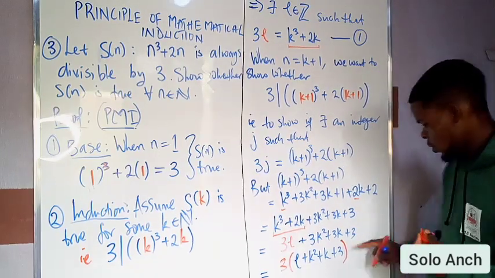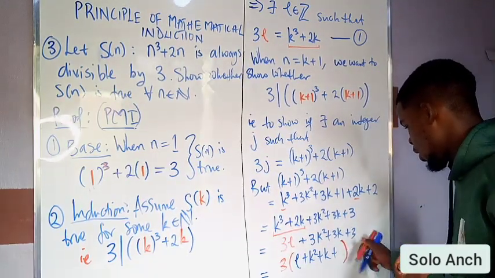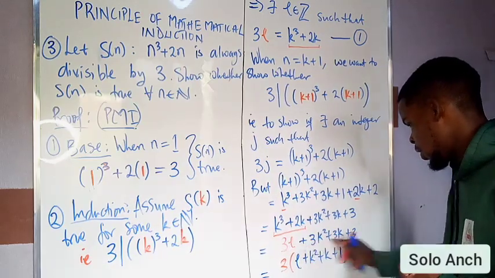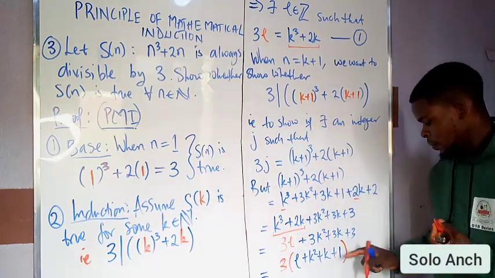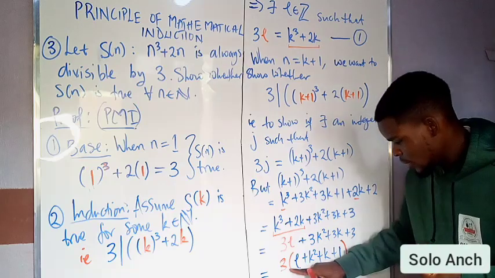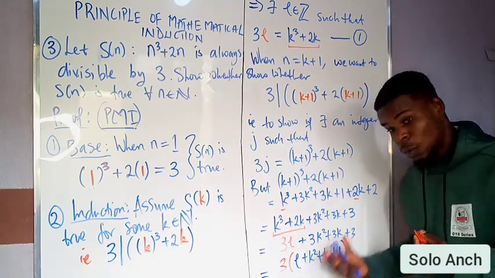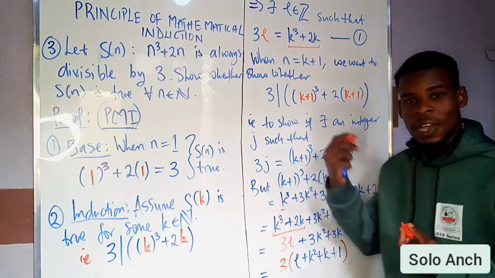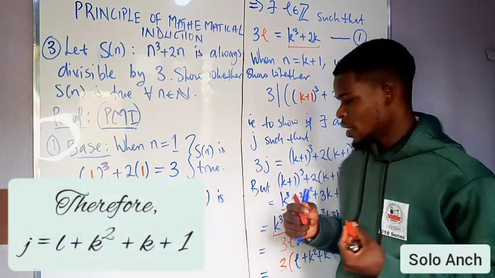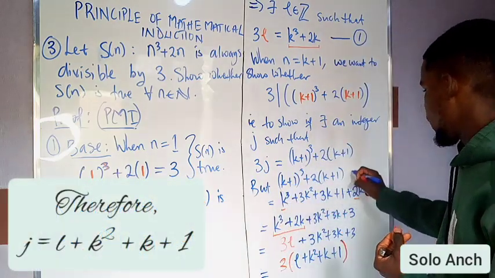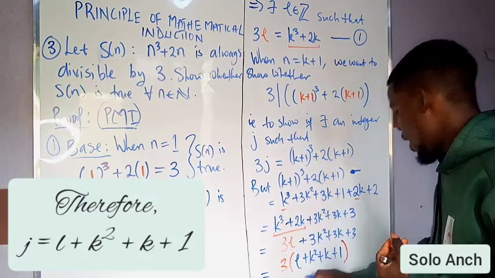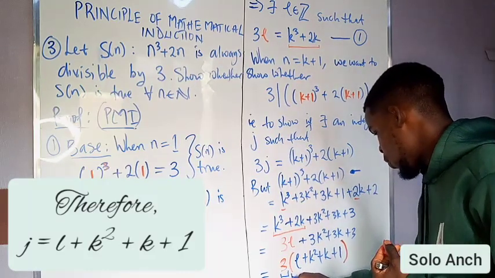This is 3 already. No, that's not supposed to be 3. Sorry, it's 1. Sorry about that. When you factor out 3, you'll be left with 1 here, right? So inside this bracket, we have a sum of whole numbers, which will again be a whole number. That means we have rewritten this thing as 3 times some whole number.